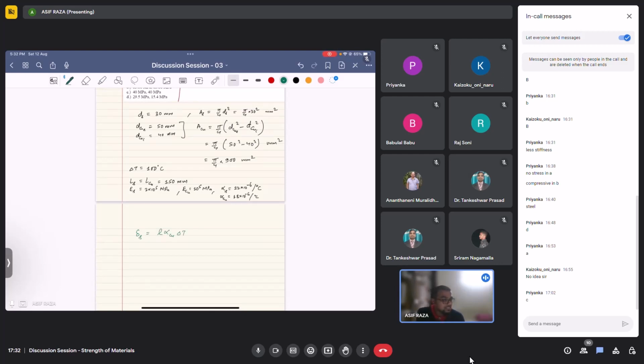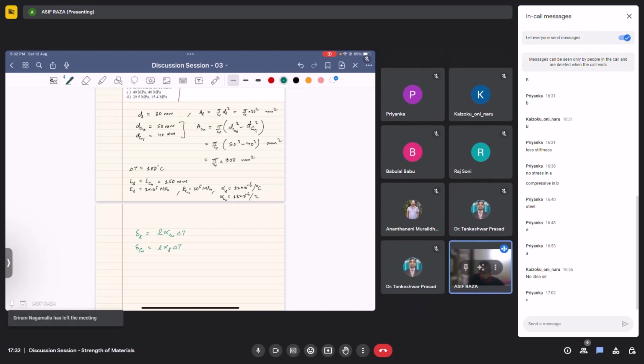Since L and delta T are the same, we would compare alpha Cu and alpha S. Alpha Cu is greater than alpha S, which would imply extension in the copper would be greater than in the steel if they were allowed to expand freely.